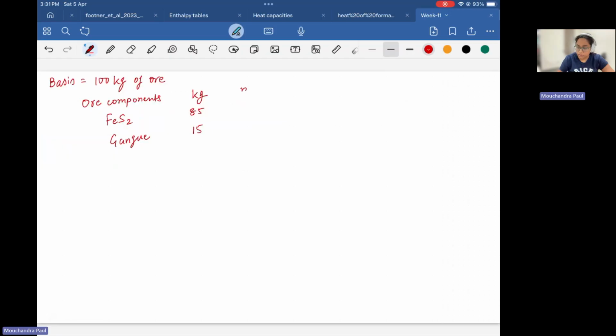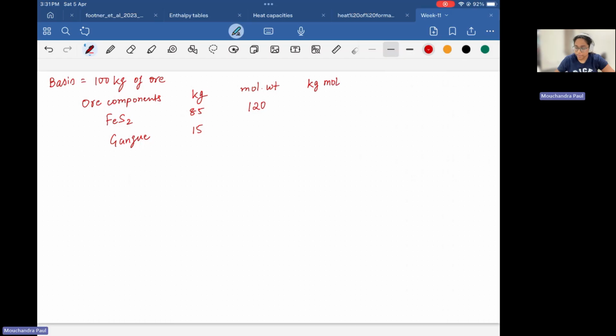If you want to convert this mass into number of moles, we have to take the molecular weights. So the molecular weight of FeS2 is 120. Gangue, you don't know. So we will calculate it as kg mole.